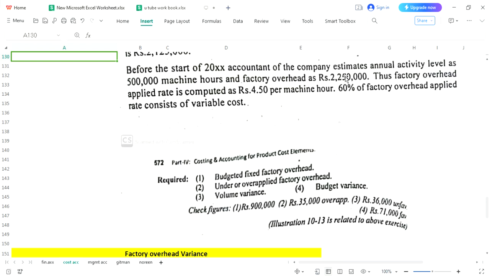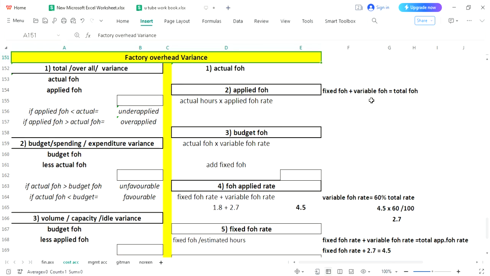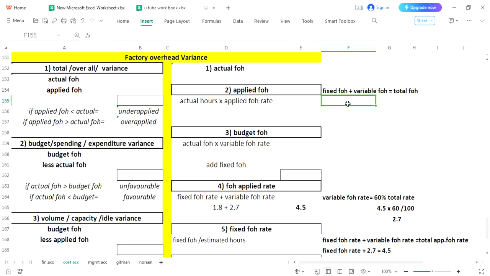This is data for the previous year, not the current year. Factory overhead is 22 lakh 50,000, and here it is said 60% is variable. So as we have used this 60% for the rate, similarly we can use it for the total amount as well. 20 lakh 50,000. So here fixed FH, when we add variable FH, what we get is total FH, which is given in our book, that is 20 lakh 50,000.